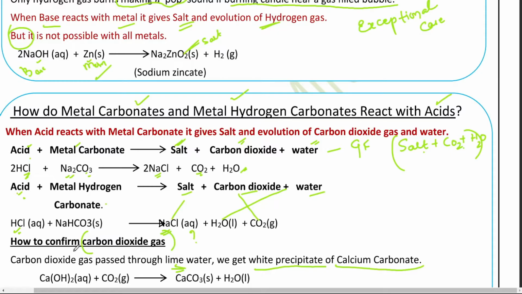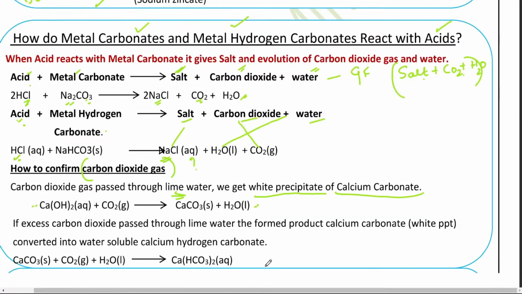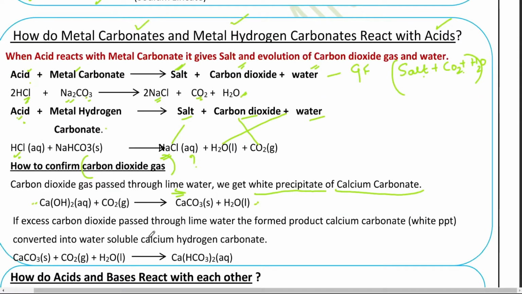So the chemical equation you can write down as this: the lime water formula is Ca(OH)2 in aqueous form plus CO2, which is gaseous, that is what we are passing through, and we get the precipitate of calcium carbonate and water is formed. Clear?